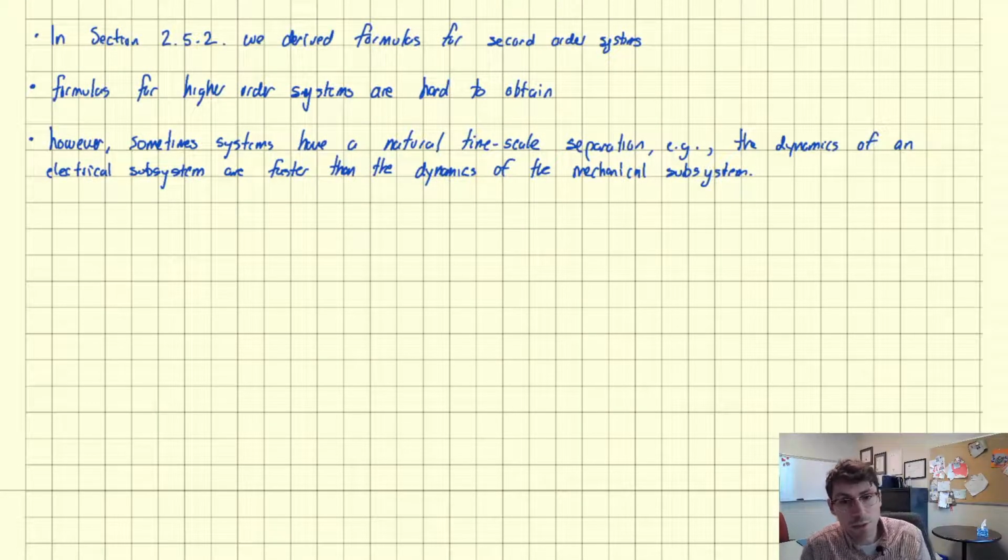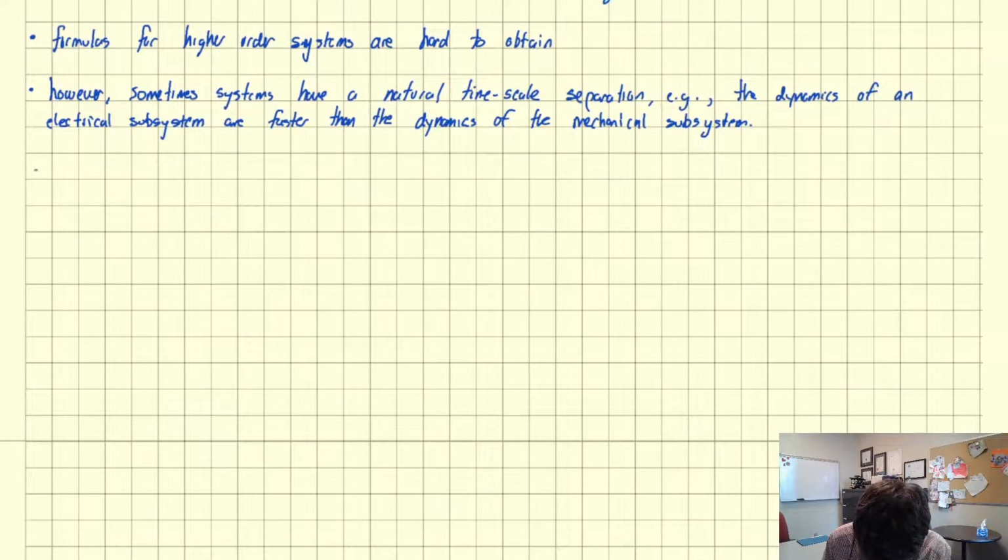Okay? And so when you have these natural timescale separations based on the physics of the system, how does that manifest itself in terms of a transfer function? Well, if you look at the poles and zeros of the plant, there's going to be some that are closer to the imaginary axis and some that are further away. The ones closer to the imaginary axis represent the slow dynamics. The ones further away represent the fast dynamics.